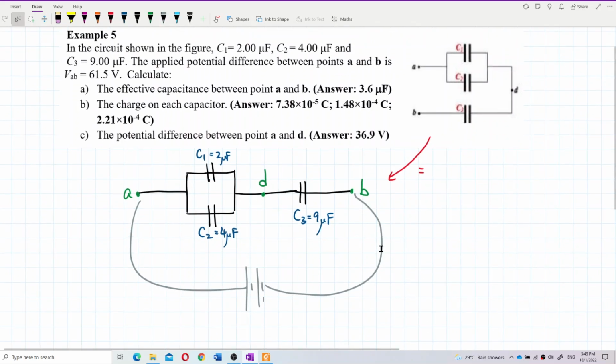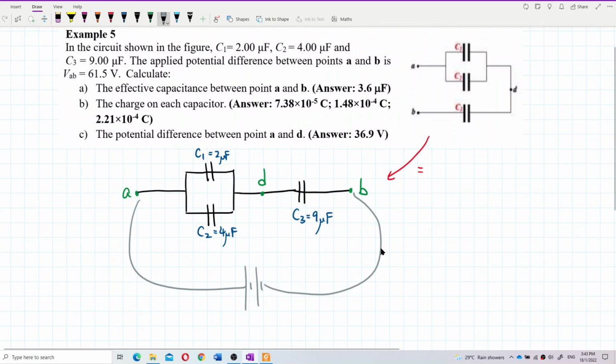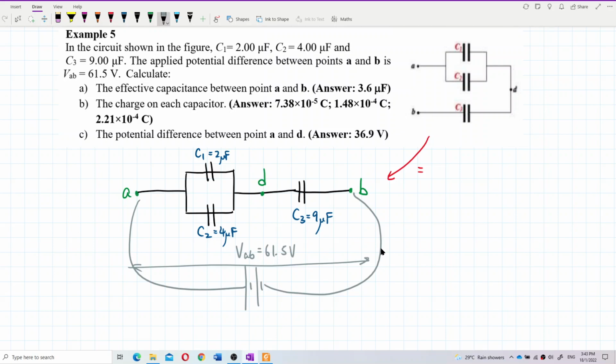So the VAB, the voltage across AB, is 61.5 volt. This is actually the V total. Maybe these two points A and B connect to an external battery of 61.5 volt. That is actually the V total.